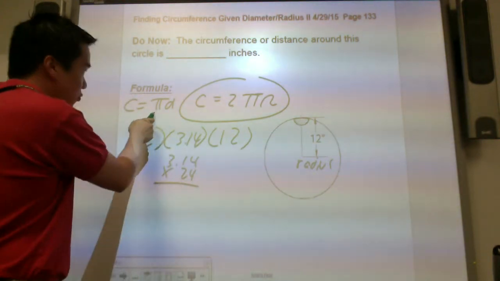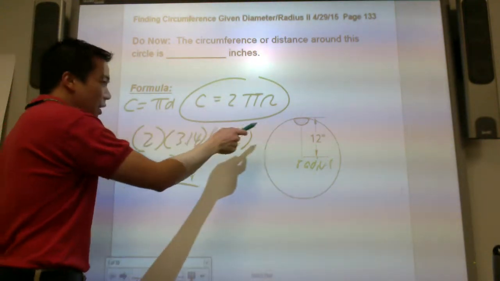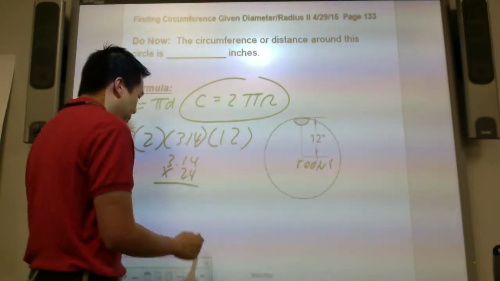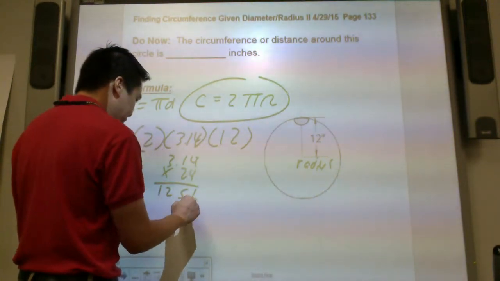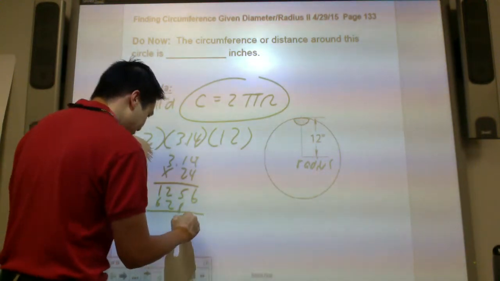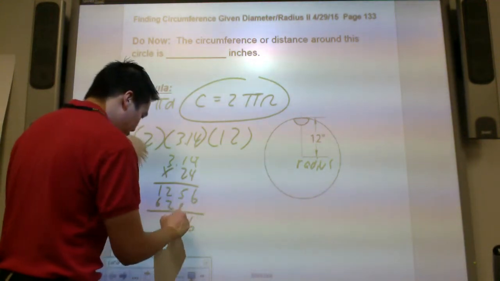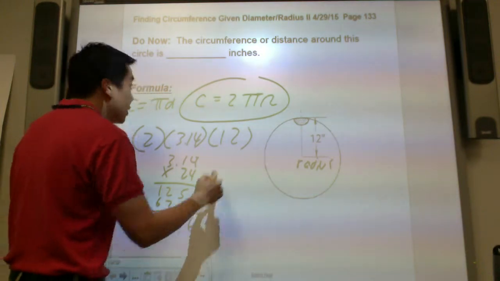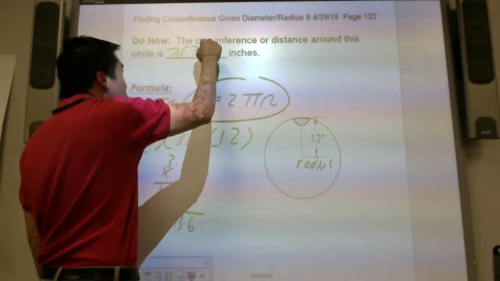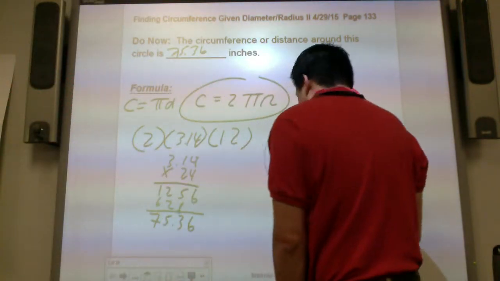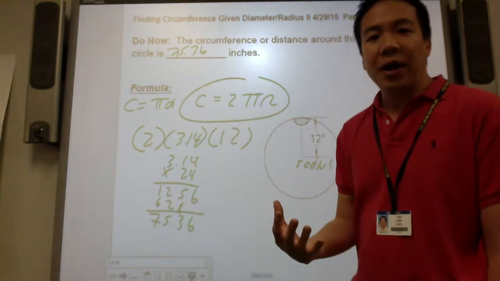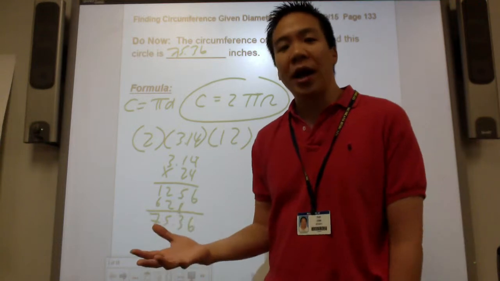It's like doing this formula now. Pi times diameter. If this diameter would have been 24, if I multiply it, I get 75.36 inches. So again, what do you remember about a diameter compared to a circumference?